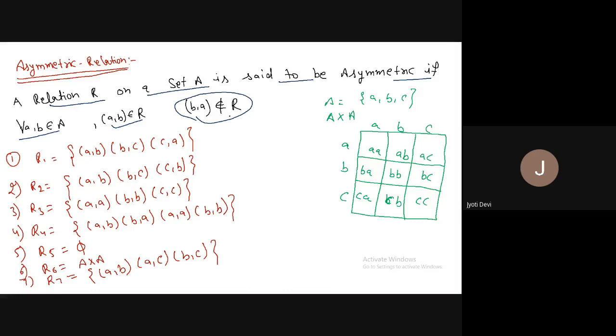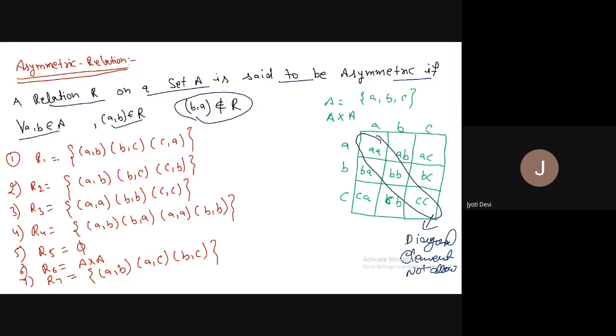BA must not belong. Please keep in mind one more thing. In this, diagonal is also not allowed. In antisymmetric, diagonal elements are allowed, but in asymmetric, the diagonal elements are not allowed. Please keep in mind. So this is the basic idea.